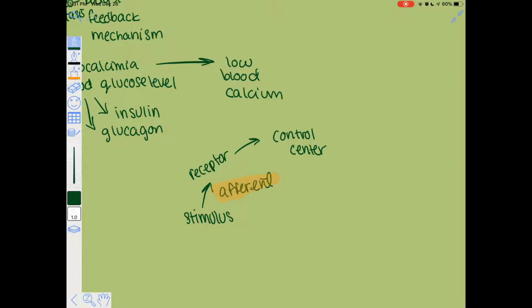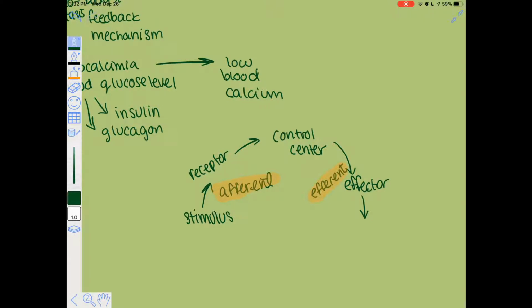In this situation, the control center sends the signal to the parathyroid gland, or the effector, and it will make parathyroid hormone. This signal will reach the bone as it travels down the efferent pathway with an E, and this will activate osteoclasts, that are bone dissolving cells, to dissolve bone to make soluble calcium ions.